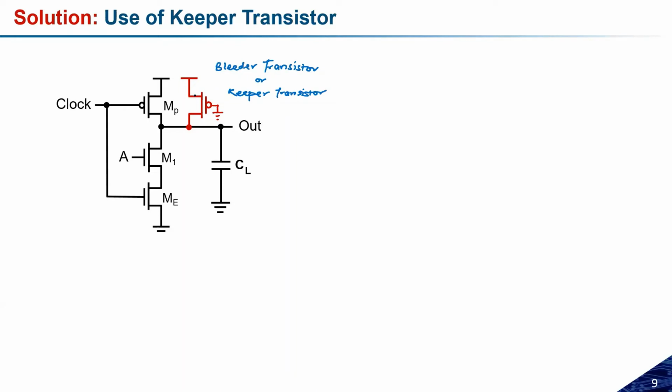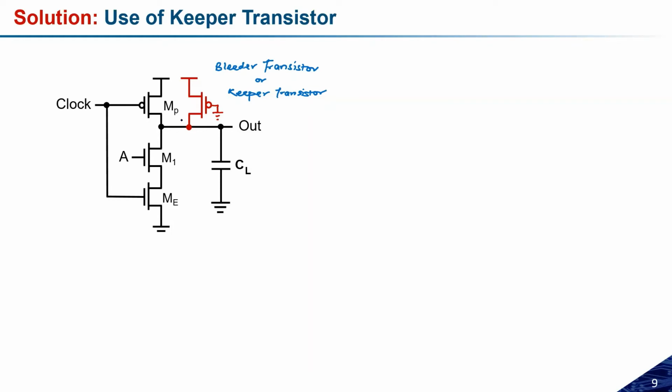And the size of this keeper transistor should be as small as possible, because if we keep the size of the keeper transistor very high, in that case, because this keeper transistor is always in the on state, during the evaluation phase, discharging of the node is not possible. So this will create some problem, because the keeper transistor will hold the logic, because it is always in the on state.